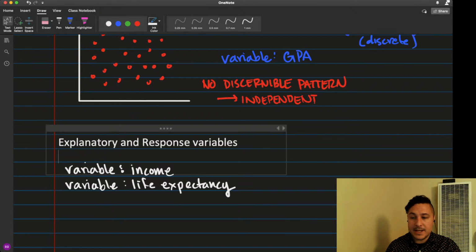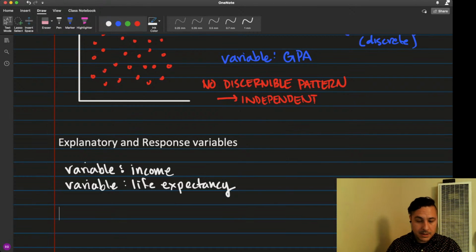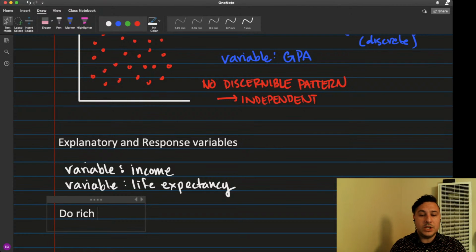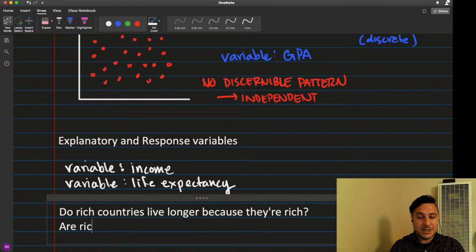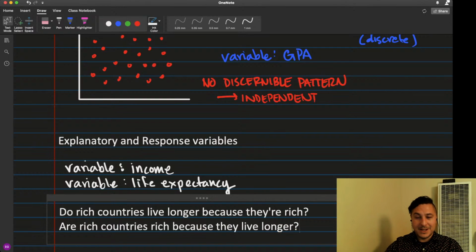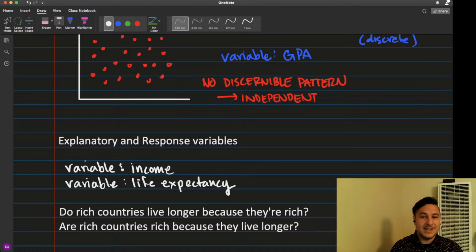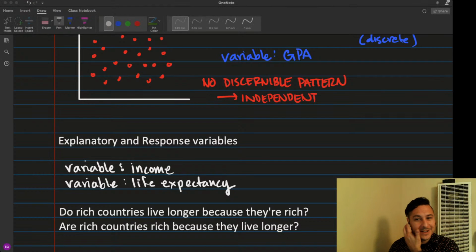But the question arises: do rich countries live longer because they're rich, or are rich countries rich because they live longer? In other words, which one causes the other? This is a legitimate question, right? We're noticing a pattern, and you want to use that pattern to help somehow.